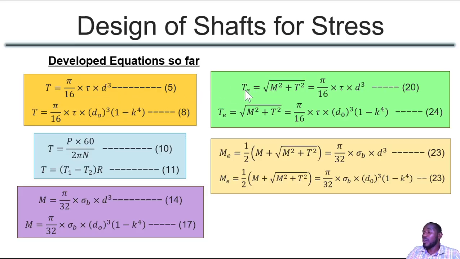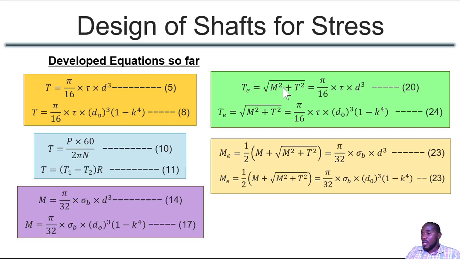Remember, that one said only torsional moments, and that was the equation that related this to the torsional moments. But this time around, we have bending moments as well, but we have now gotten the equivalent, and we define this as that torque that when acting has the same effect as these two acting combined.